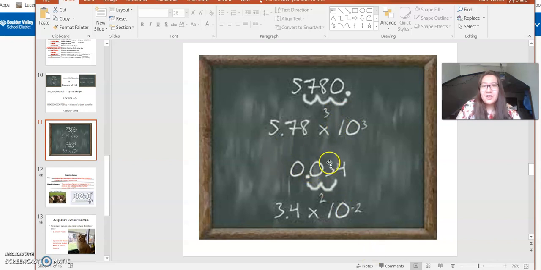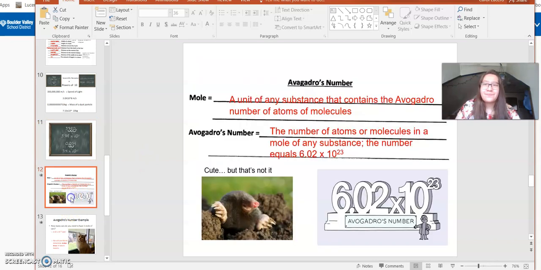Same with right here, 0.034. To make it so there's 1 digit on the left, we have to move it over 2 places. So we take 3.4 times 10 to the negative 2. Since it was already a small number, it's a negative. So the negatives tell us that it's really, really small, and the positive numbers tell us that it's really, really big.